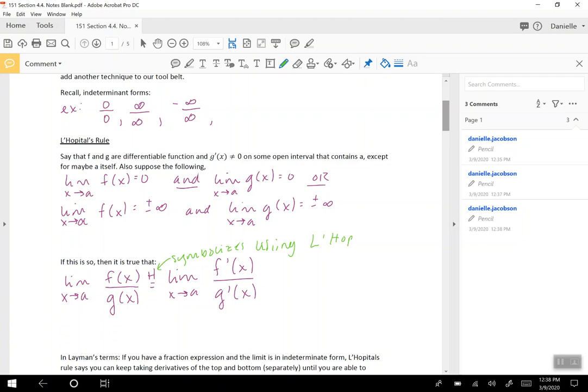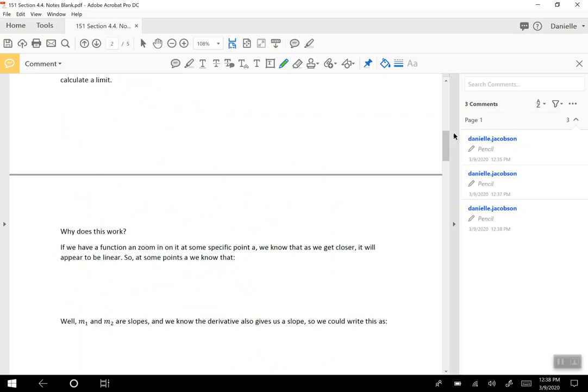And in layman's terms, what this means is if you run a limit in its indeterminate form, you can take the derivative of the top and the bottom separately in order to get your limit, as long as the derivative of g, the bottom, is not 0, which would of course make it undefined and not help us very much. All right, so that is what that means in layman's terms.